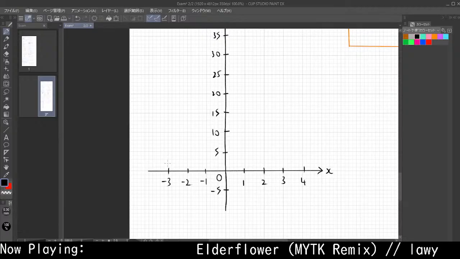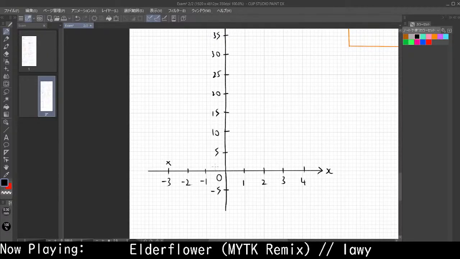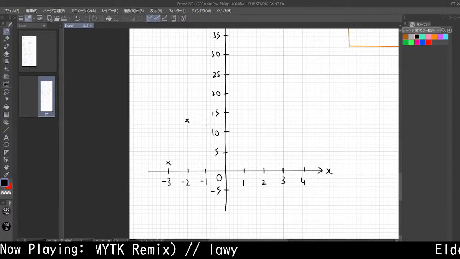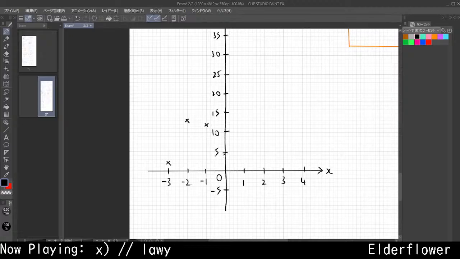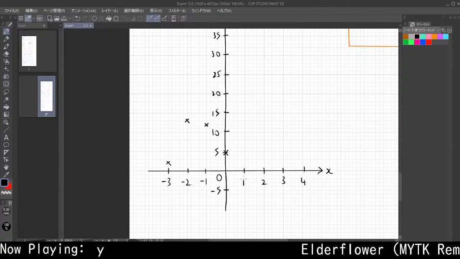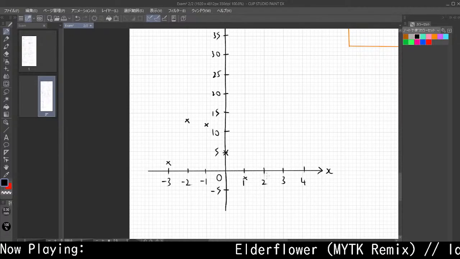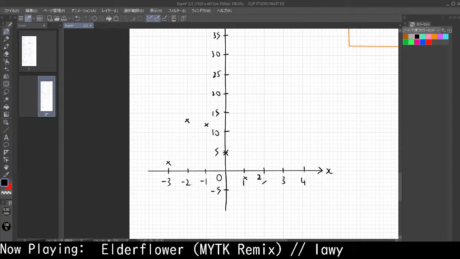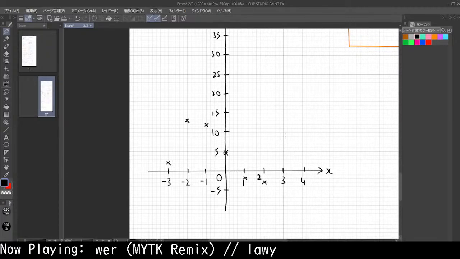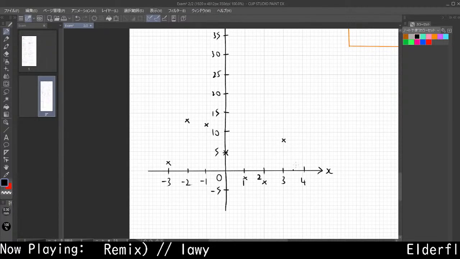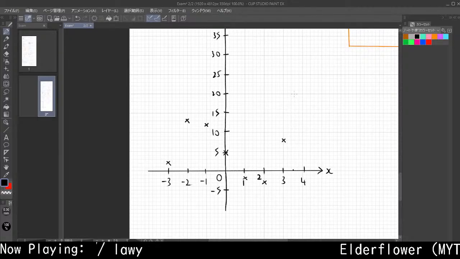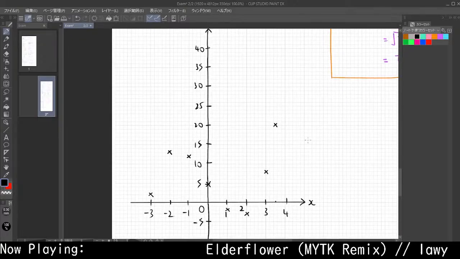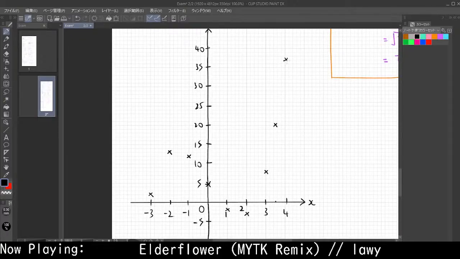Yeah, correct, -3, 2 here. -2, 13 will be here. -1, 12 will be here. 0, 5 here. 1, -2 here. 2, -3 here. 3, 8 here. 3.5, you get 19.9, so basically 20. Here it's okay to cross in the middle. 4, 37, you get this point.